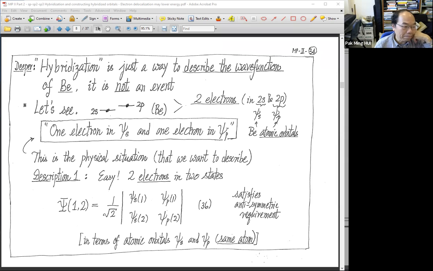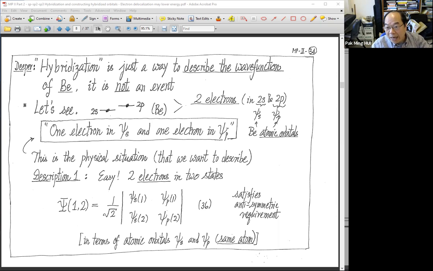Do you get that? Okay, any further questions? I just want to demystify something that you may have learned in chemistry. Okay, so let's go on.